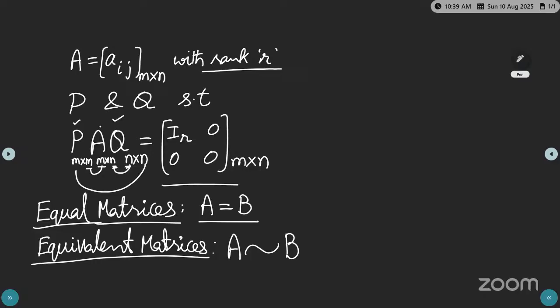That is, if A and B are equivalent matrices, then they are of same order and they have same rank.